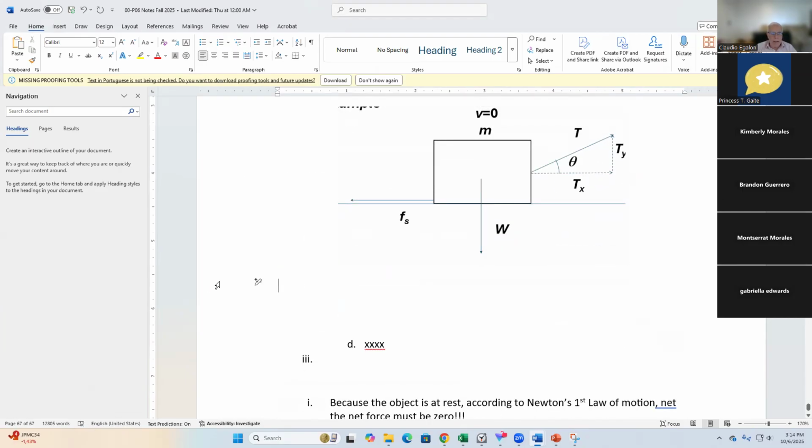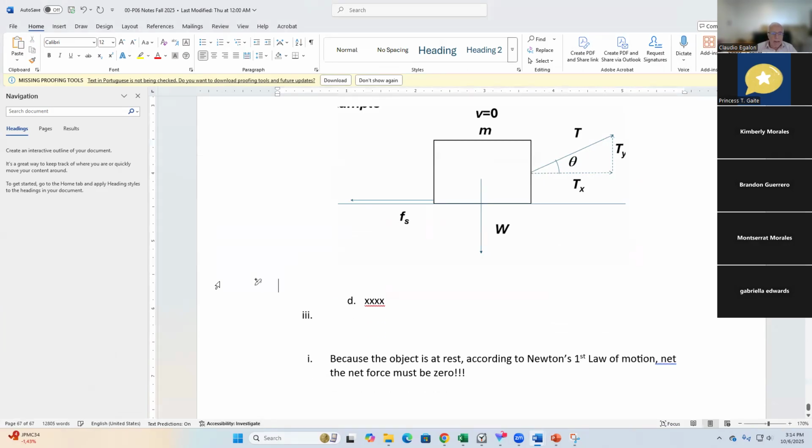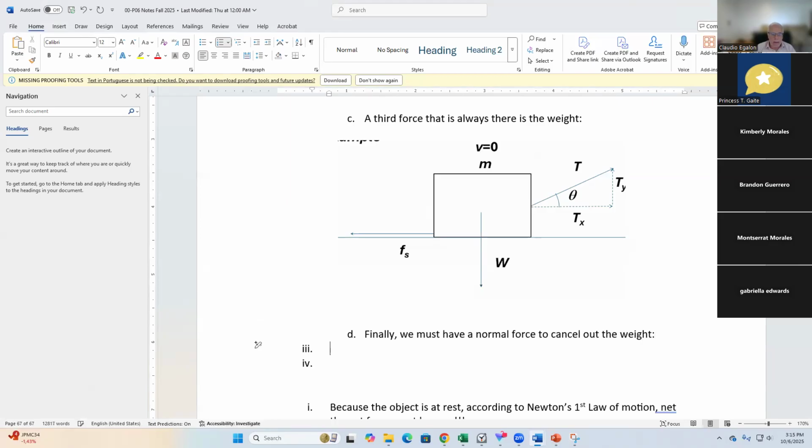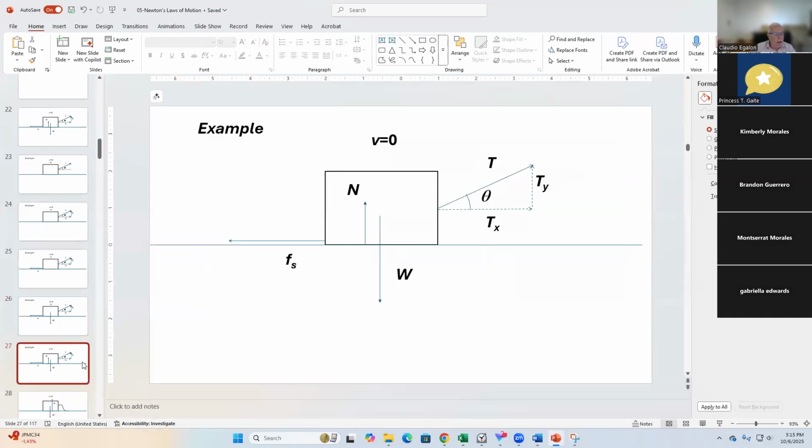And finally, since the object is also at rest, we must have a normal force upwards to cancel out the weight.